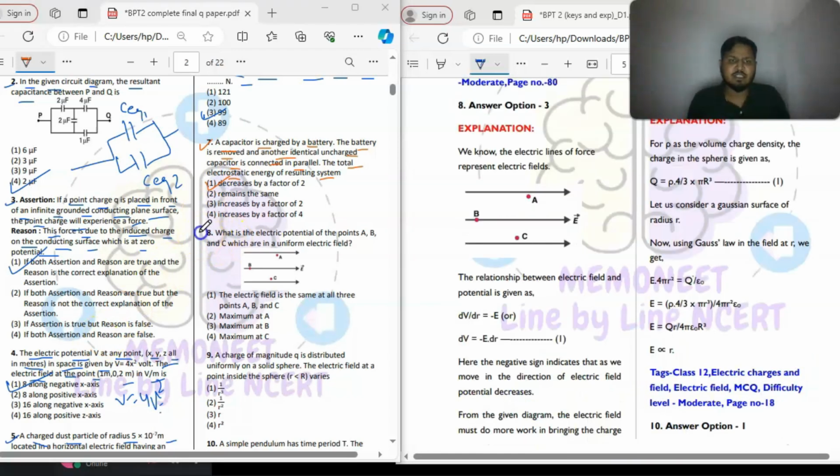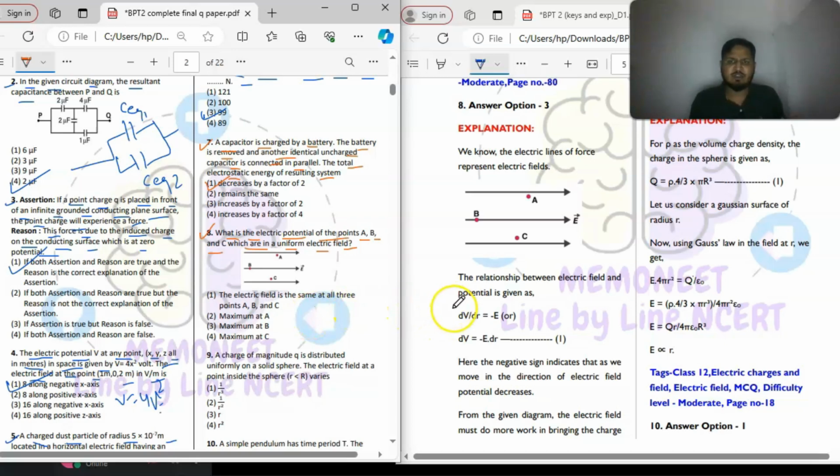Now move to the next question. The question is: what is the electric potential of the points A, B and C which are in a uniform electric field, and we have to choose which one among B, C and A has the maximum potential.